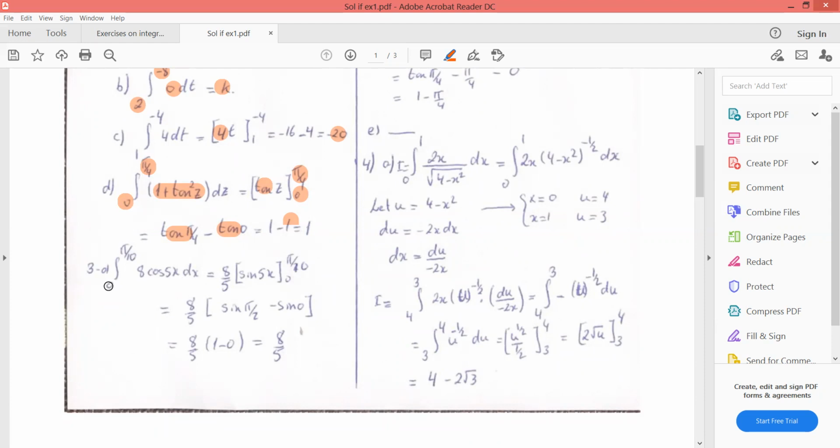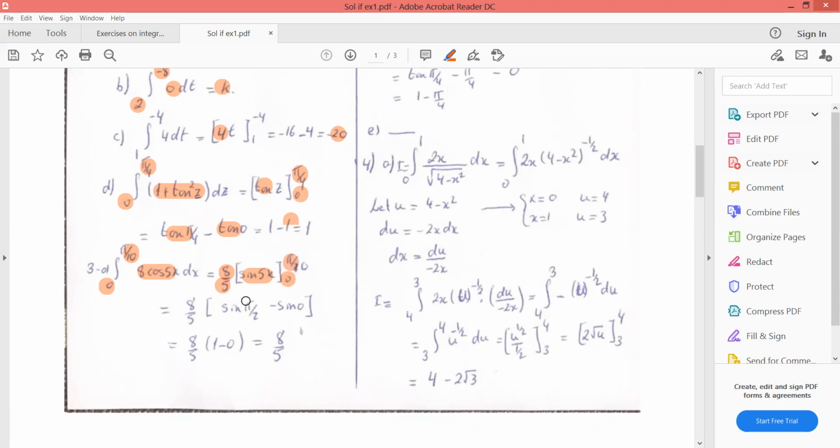Integral from 0 till pi over 10 of 8 cosine 5x. What is the integral of cosine? It becomes 8 over 5 sine 5x. Did you understand how 8 over 5 came? The integral of cosine ax is 1 over a sin ax, between 0 and pi over 10.